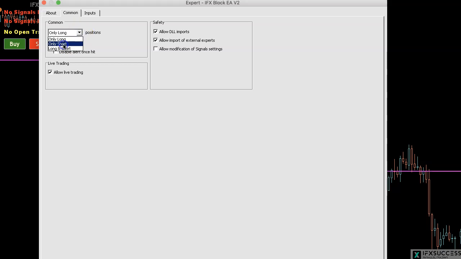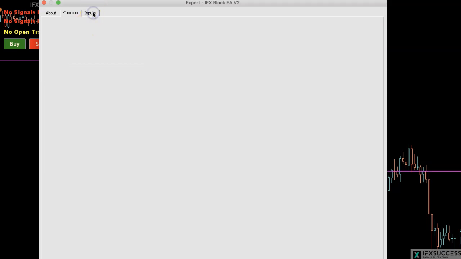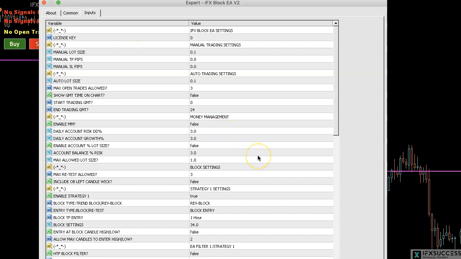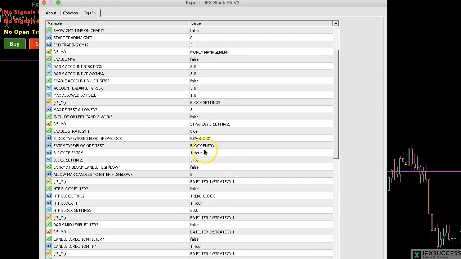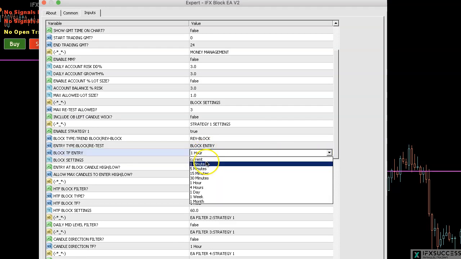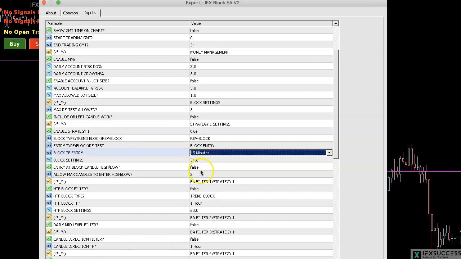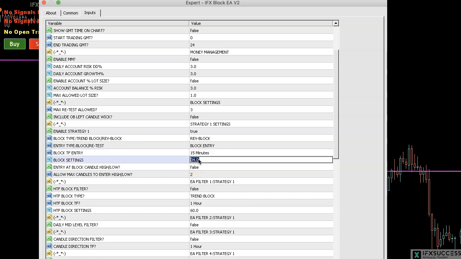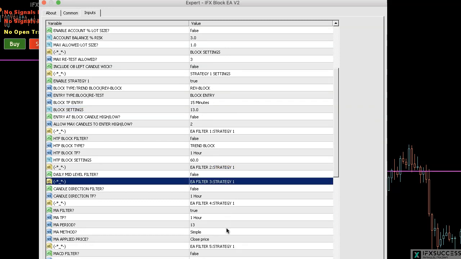We're going to say only short entries, and when I go to my inputs, since I want to go down to 15 minutes, I would say go to the 15-minute chart, and we're going to reduce it to 13 settings, and pretty much that would be all on the MA filter.